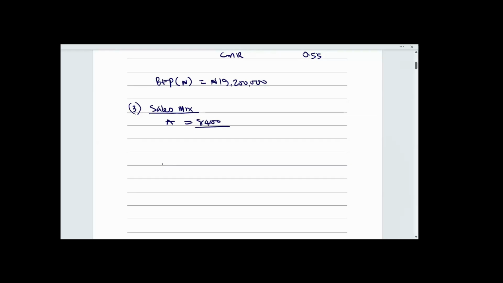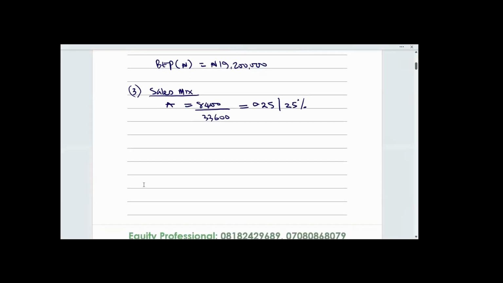The total sales is 33,600. Therefore, 8,400 over 33,600. We have 0.25. 25% is the sales mix of product A.